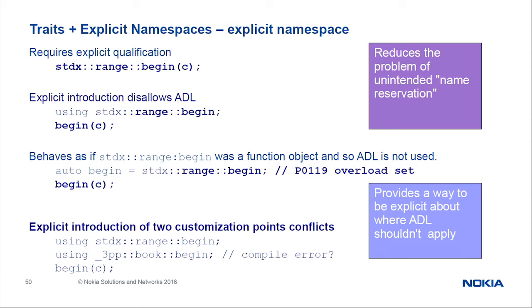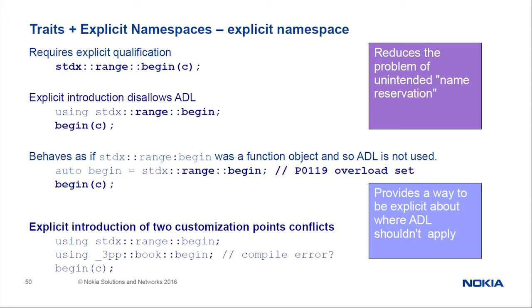And I want also to use it in this way, but when I use it in this way, as it is an explicit namespace, I am changing the way we do overload, and this will inhibit ADL.